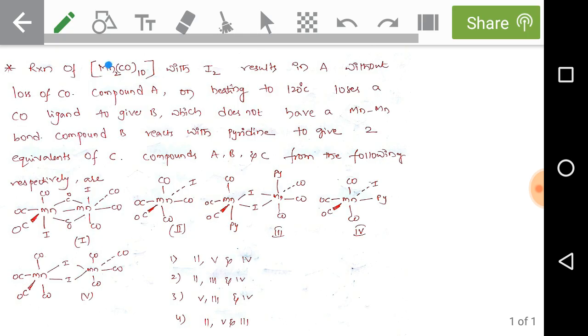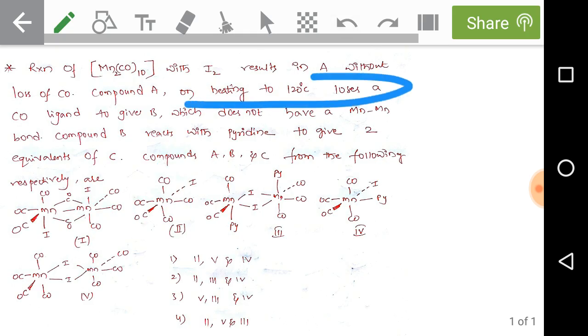Whenever it reacts with iodine and gives some product, it should also be stable. Now, when reacting with the iodine molecule, the second compound should be the correct one. Just observe: manganese with 5 CO ligands and 1 iodine ligand gives 18 electrons. That's why a stable species is produced from it, so this should be the first one.